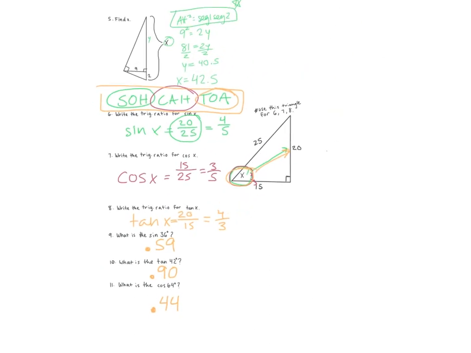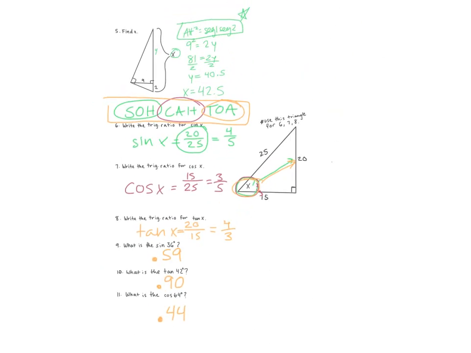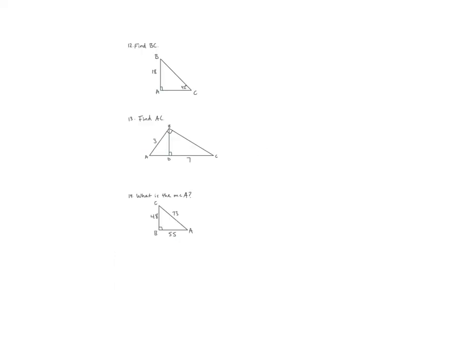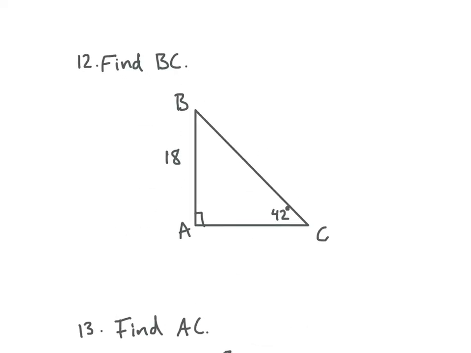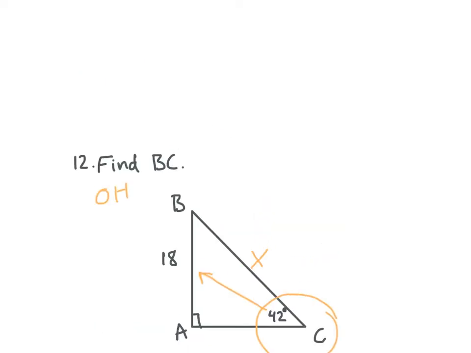Is everyone good with this page? All right, last page. So we need to find BC. Let's call BC x. Looking at the angle that's given to us, 42, angle C, we have the opposite and we have the hypotenuse.